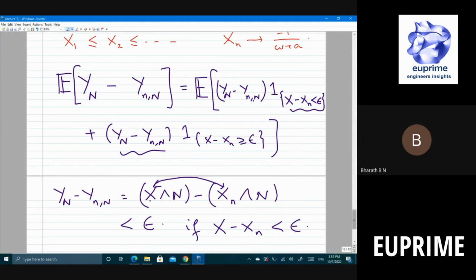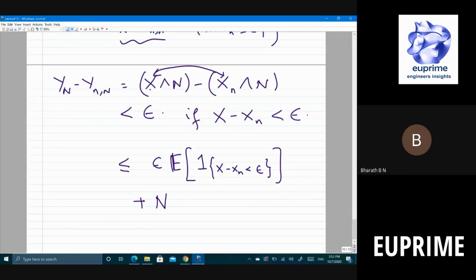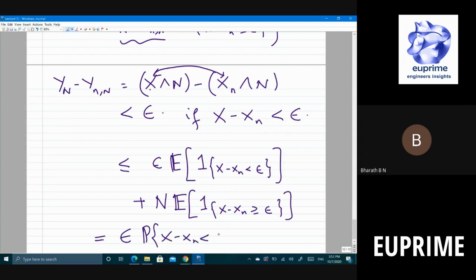So I can say it's upper bounded by n times the expected value of the indicator of x minus xn greater than or equal to epsilon. So you are almost done, right? You have epsilon times the probability that x minus xn is less than epsilon, plus n times the probability that x minus xn is greater than or equal to epsilon.